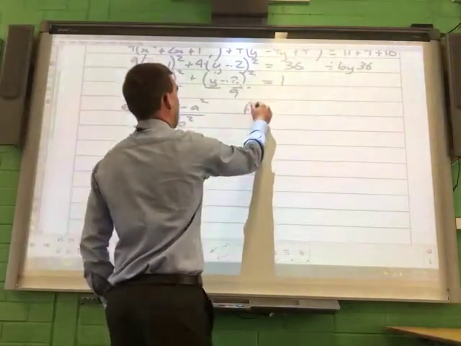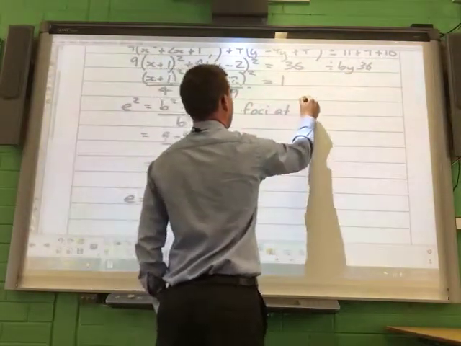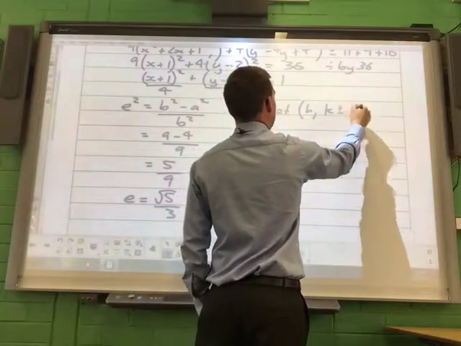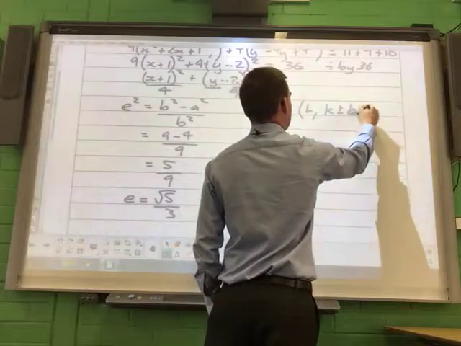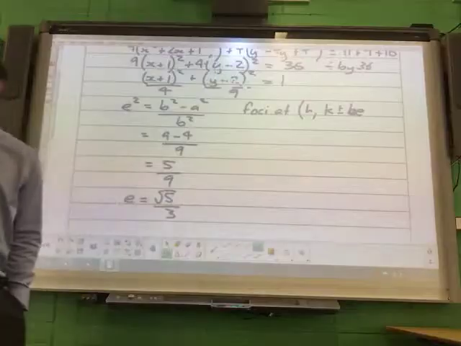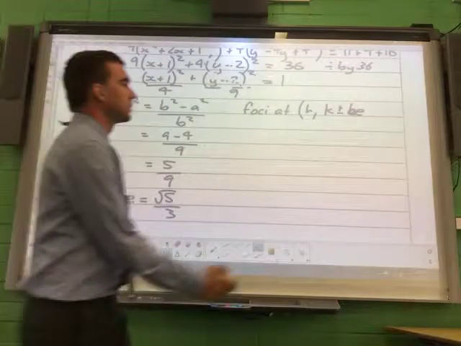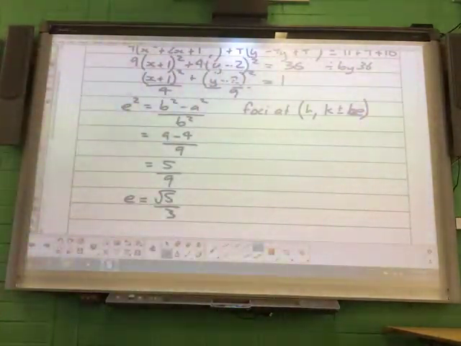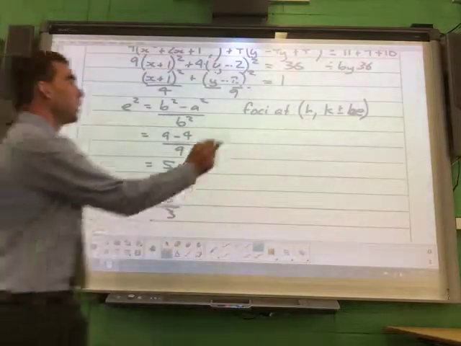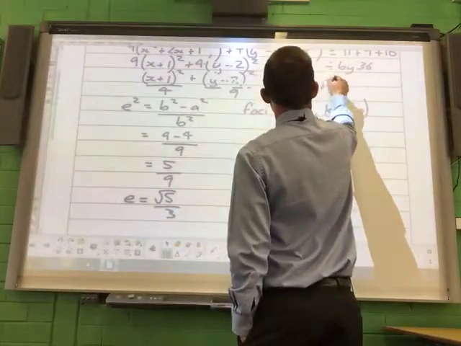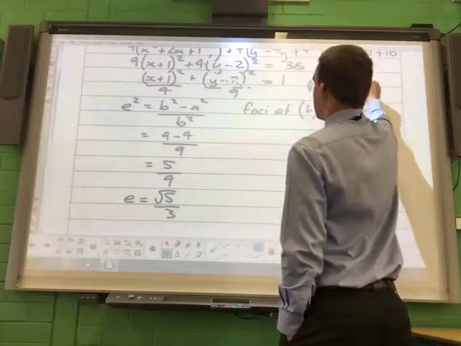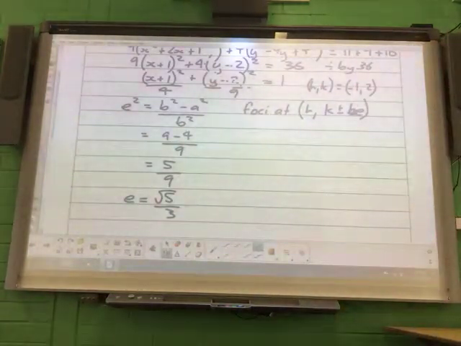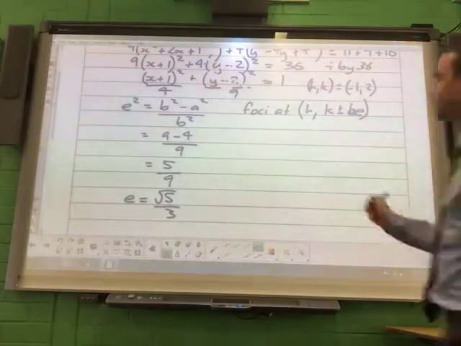Right. At h, k plus or minus b e, sorry. So now we're really basing everything on b. And then (h, k) is (-1, 2). That just helps us with the overall layout.